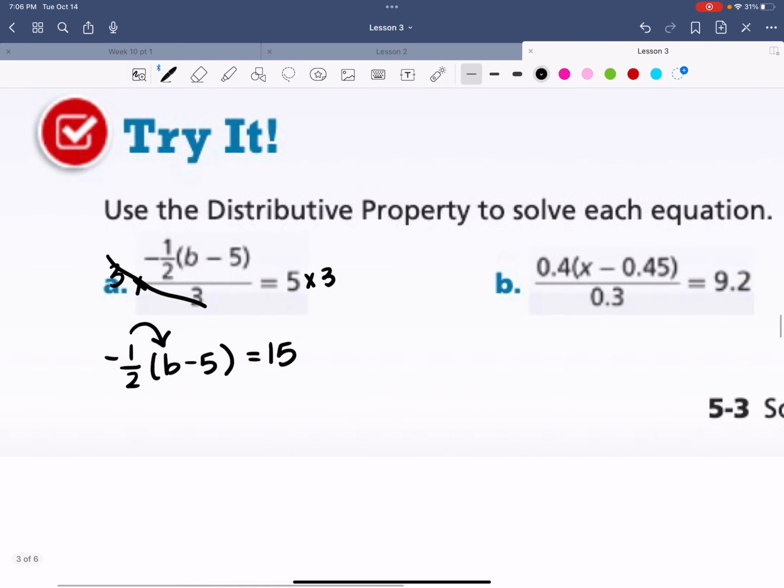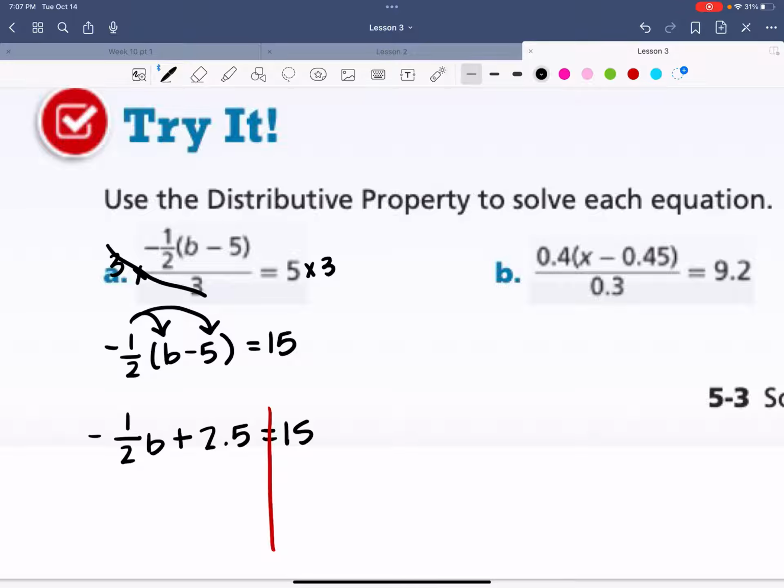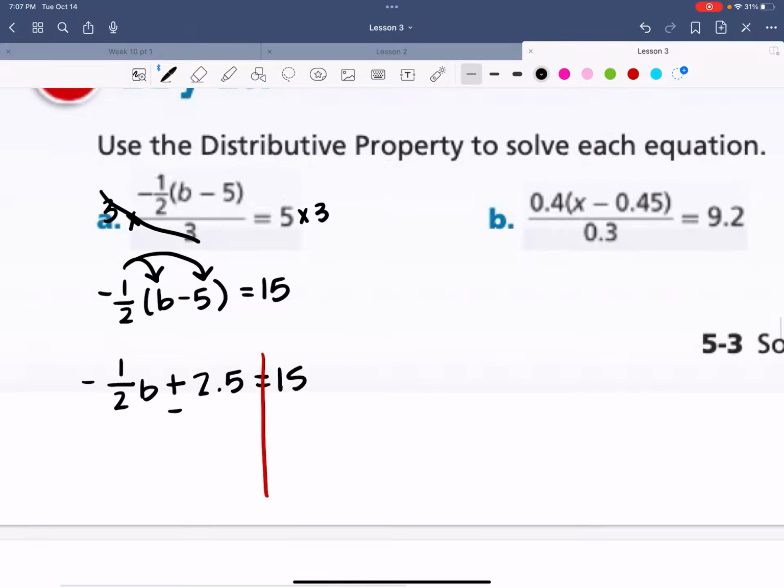-1/2 times b is -1/2 b. A negative and a negative make a positive. 1/2 times 5 is 2.5 equals 15. I forgot to draw my arrow when I multiplied those. Now we are just solving. So I see addition first, so I must subtract 2.5.